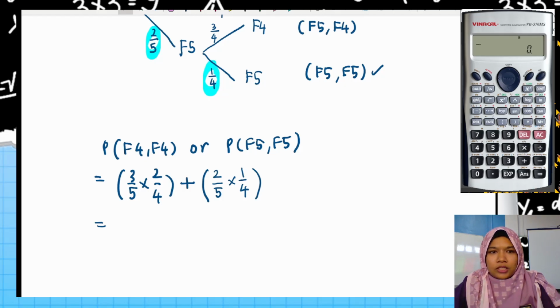Okay. So, letak bracket 3/5 times 2/4. Mana dia? Tak keluar. Times 2/4 plus 2/5 times 1/4.